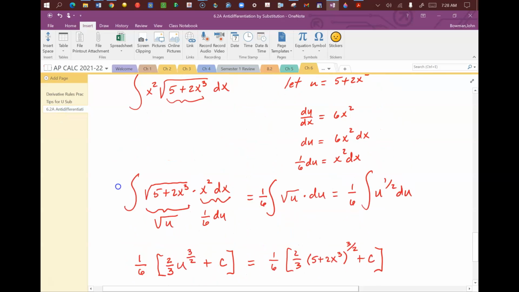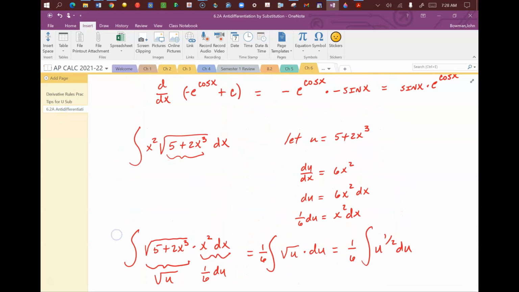So in other words, if we go back to this last example we did, our u substitution was 5 plus 2x cubed, and du is equal to 6x squared dx. So 6x squared is a multiple of du dx.